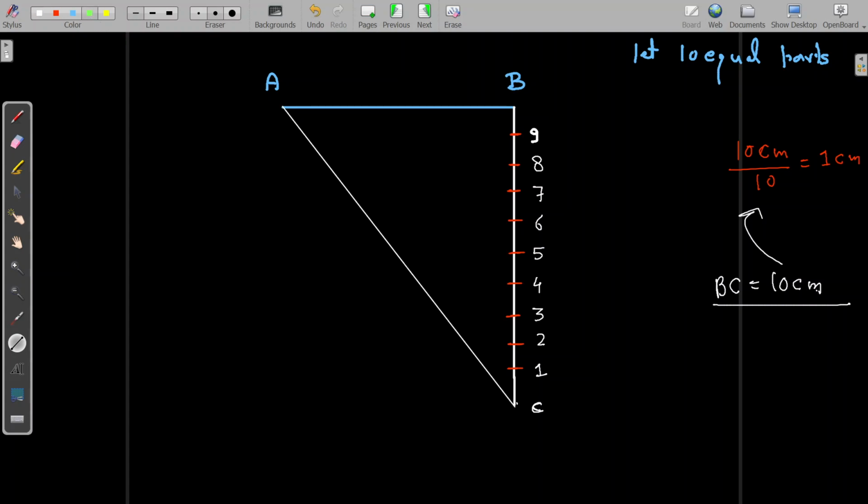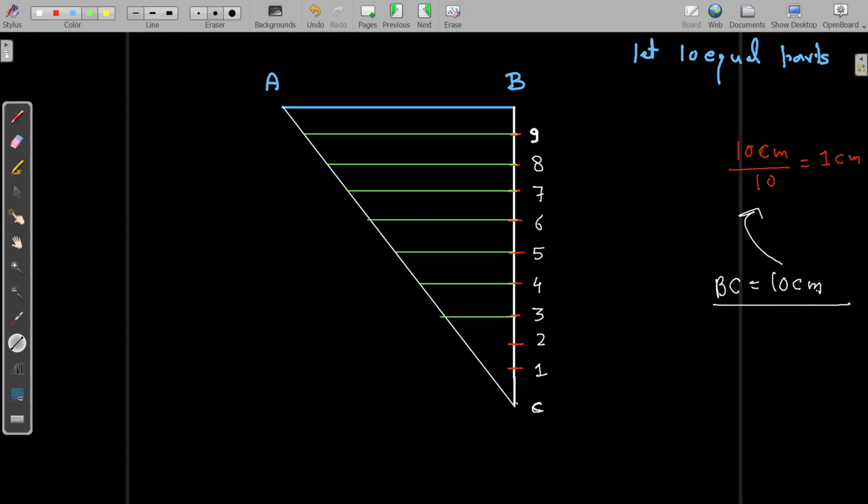Now from each division you have to draw lines parallel to AB to intersect the line AC at C. So from point 9, this is the line, again point 8, point 7, 6, 5, 4, 3, 2 and 1.